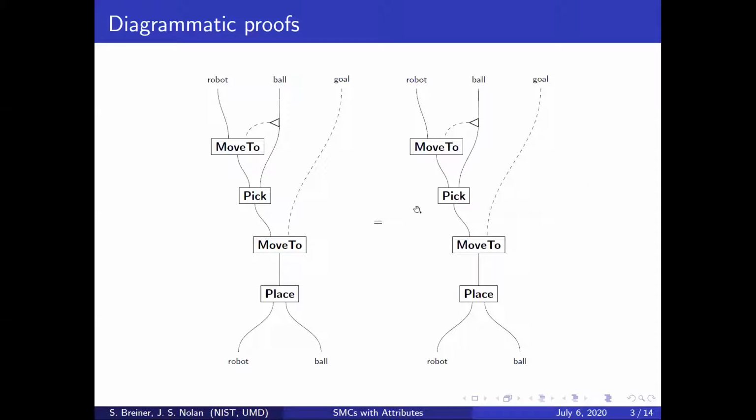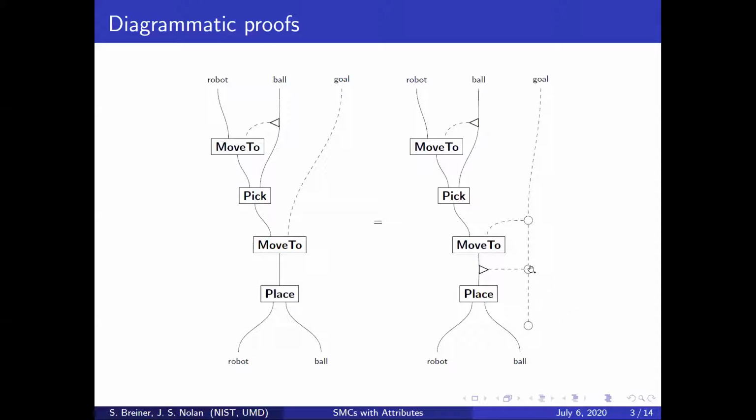And just starting from reflexivity of this, we can add some more on because we can copy the location of the goal into two different values, and then we have this one go into the move to, and this one dangles off for a little bit.